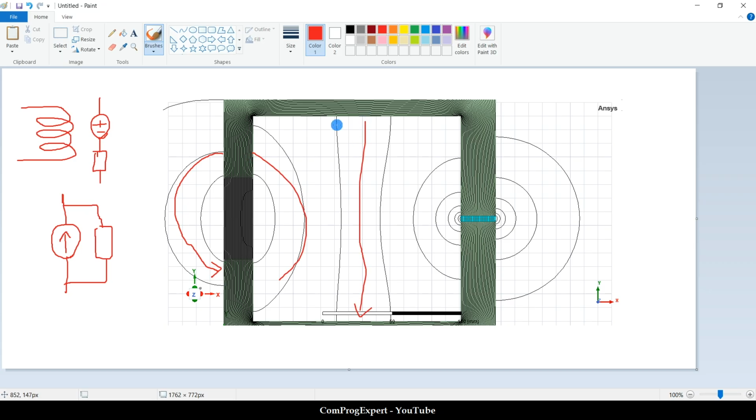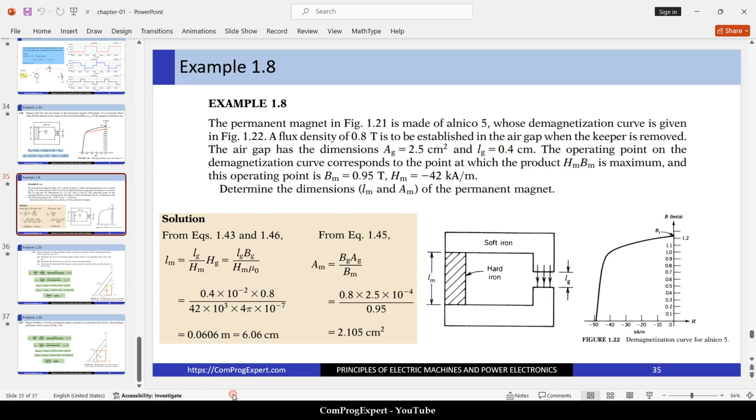This flux is not passing through the air gap. So we didn't consider this in this perfect formulation. In this formulation, we assumed that we don't have any leakage flux. And we assumed that the total flux generated by this magnet is passing through the air gap.